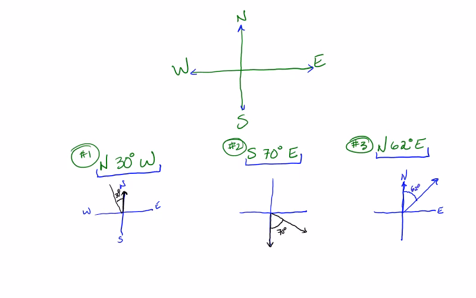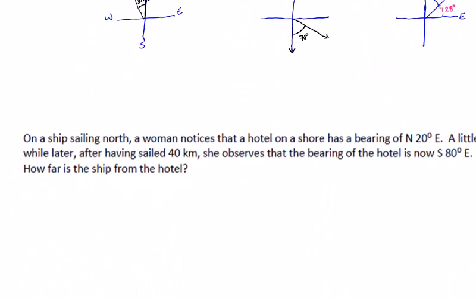When you're drawing your pictures, sometimes you'll have to find that angle, or sometimes you may have to know this part. So it's really important to know which direction we're going so that we can find the appropriate angles when we need to, and then label our picture correctly. South 70 degrees east: start south, go 70 degrees to the east, and we should be okay.